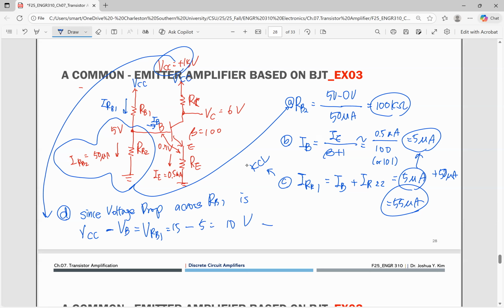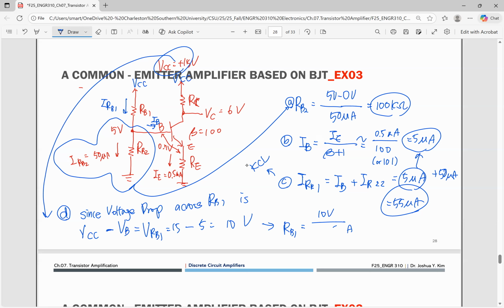So R sub B sub 1 is the 10 volts divided by what? 0.055 microamp. Oh, I'm sorry. This is the 55 microamp. Okay.